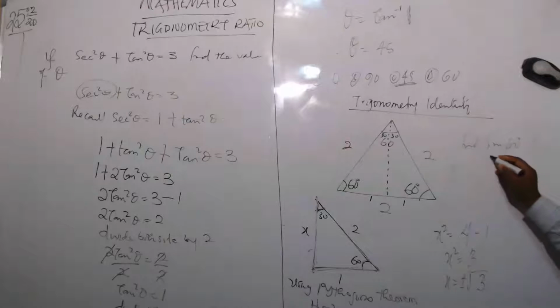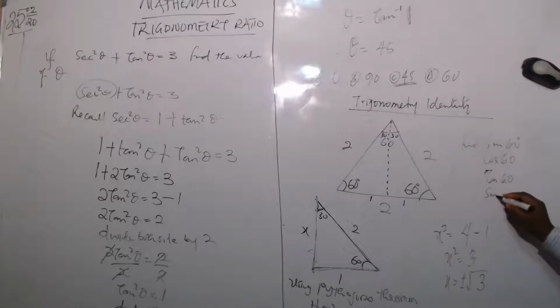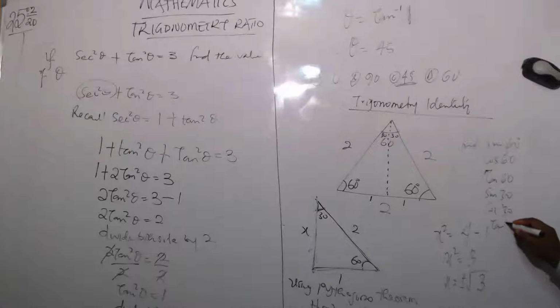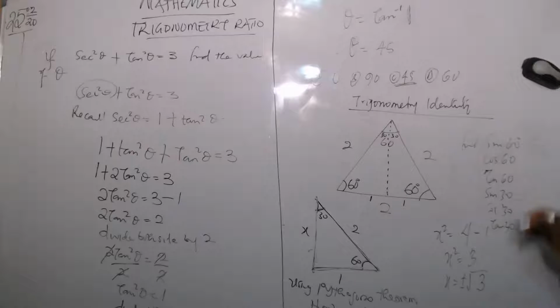Now see, the question says find sine 60 degree, cos 60 degree, tan 60 degree, sine 30 degree, cos 30 degree, then tan 30 degree. Now without using a calculator, we can get this. How do you know? We said sine is opposite over hypotenuse. Hypotenuse is this.